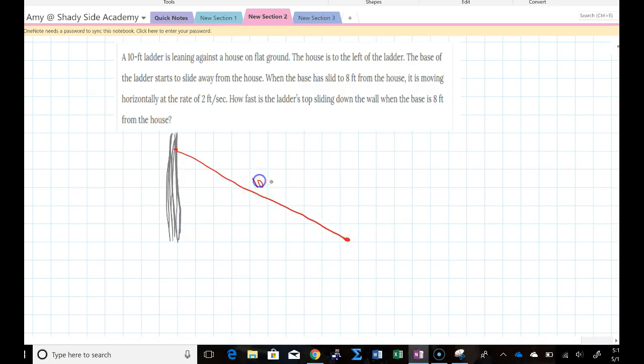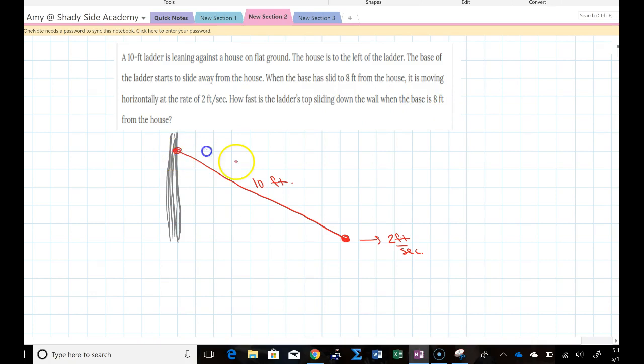The base of the ladder, right here, starts to slide away from the wall, and someone seems to be dragging the base along the floor. And it is moving at, we're also going to make this little note to myself, 2 feet per second. How fast is the ladder's top sliding down the wall when the base is 8 feet from the house?